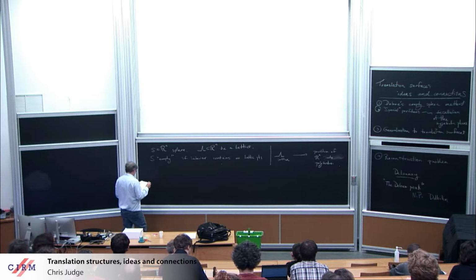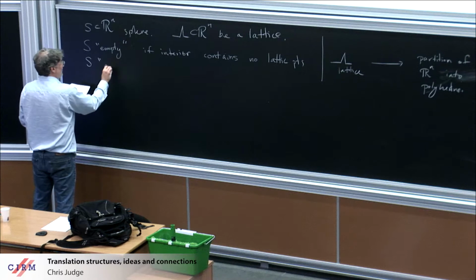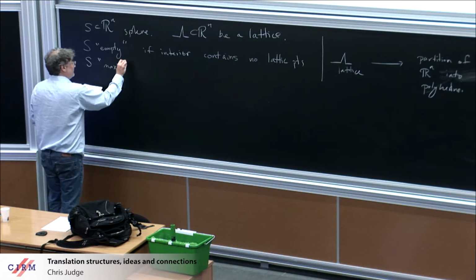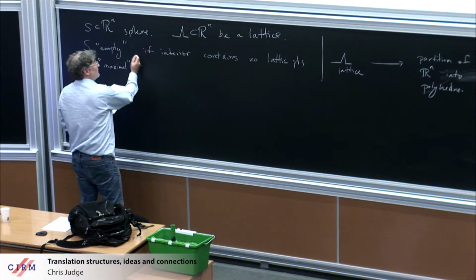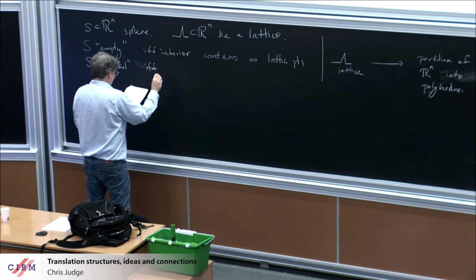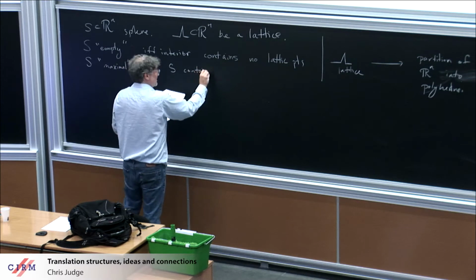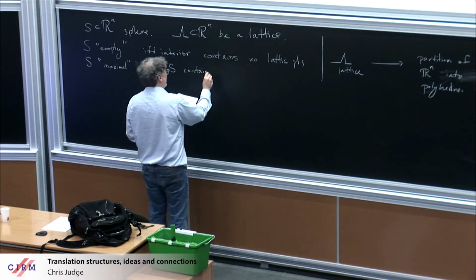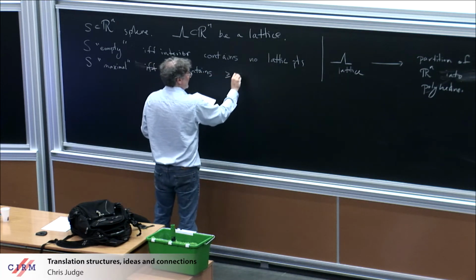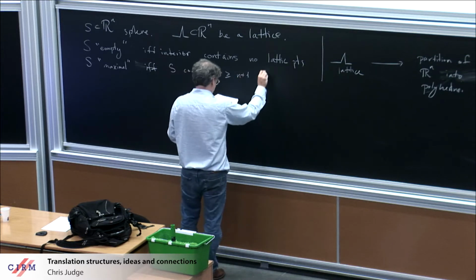And then we're going to say that an empty sphere is maximal if the sphere itself, the boundary of the ball, contains greater than or equal to n plus 1 points.